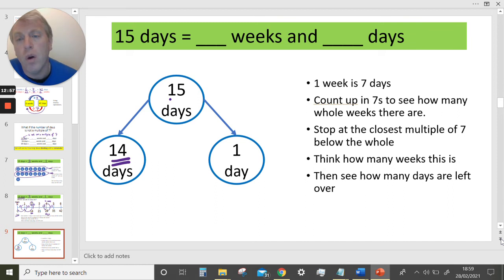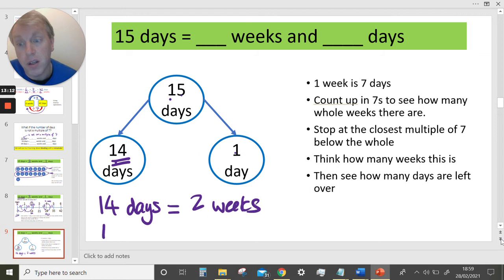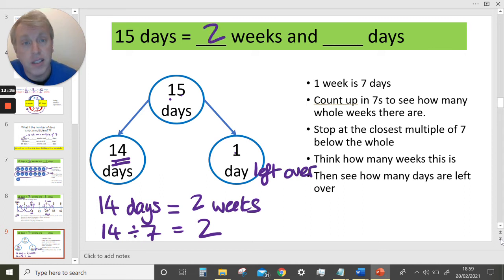And what I do is I split my 15 days into 14 days and 1 day. And then we can say the 14 days is 2 weeks because 14 divided by 7 equals 2. And then 1 day left over. So it's 2 weeks and 1 day.